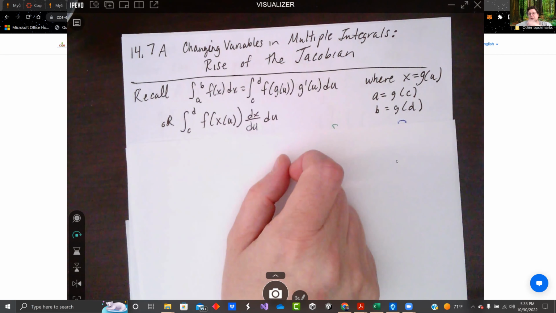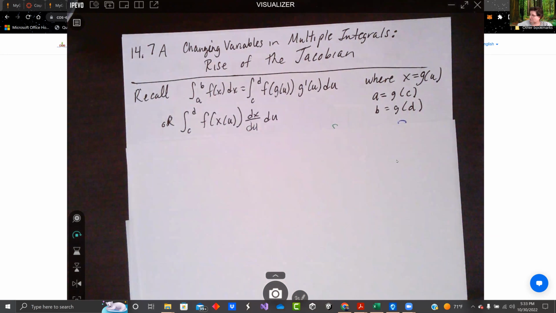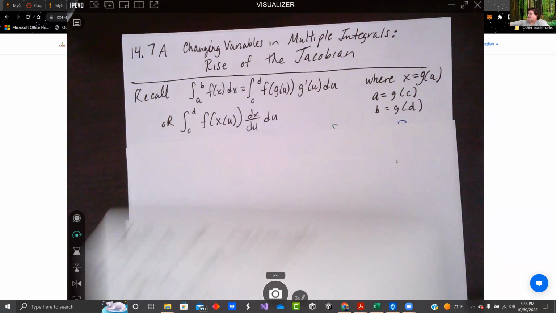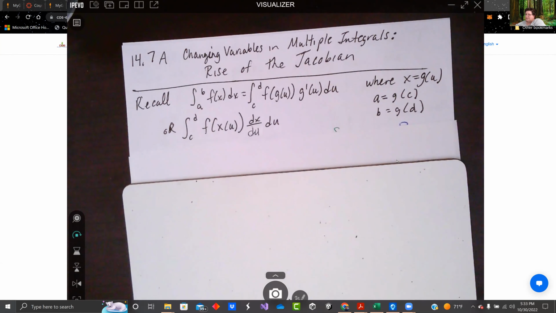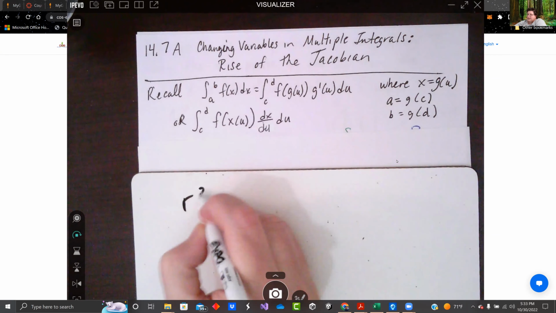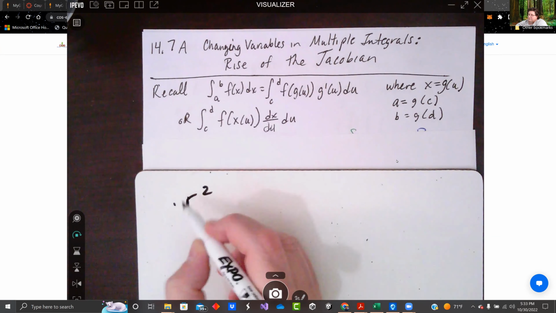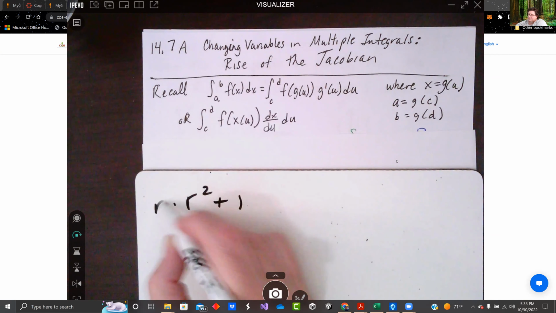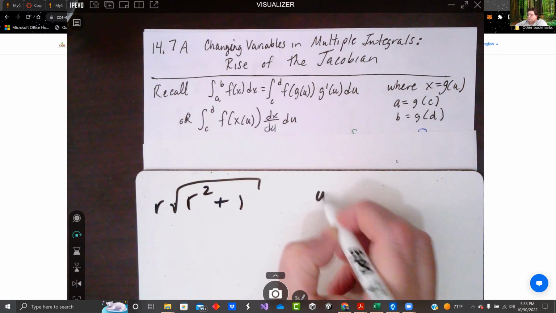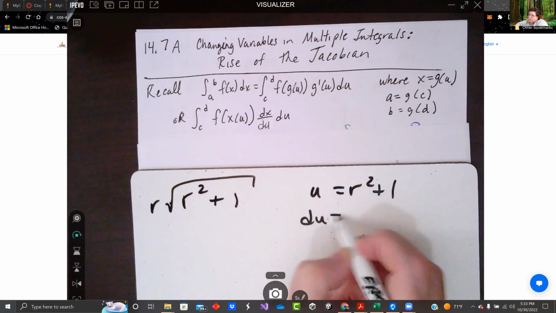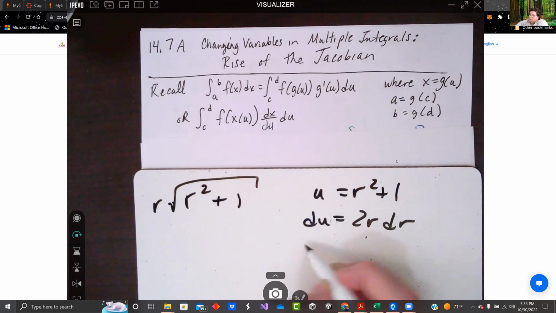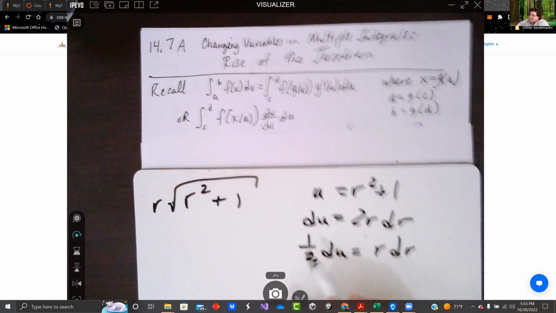Like when we did r dr, if we had r squared plus 1 inside, and we had an r outside, we do u equals r squared plus 1, du equals 2r dr, and 1/2 du equals r dr. This is the 1/2.